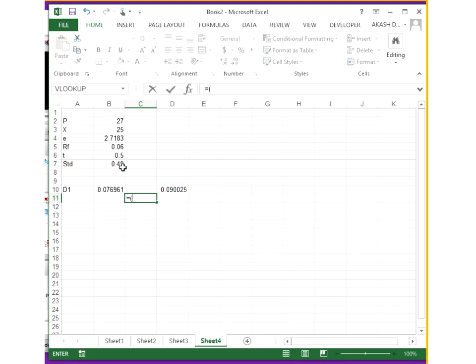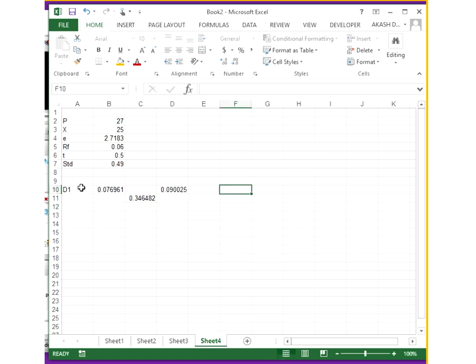This is going to be sigma, and then multiplied with the standard deviation of T, which is going to be this, raised to the power 0.5, which is half.